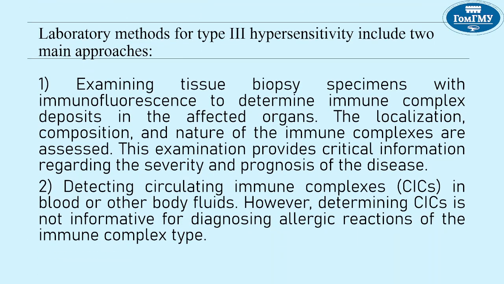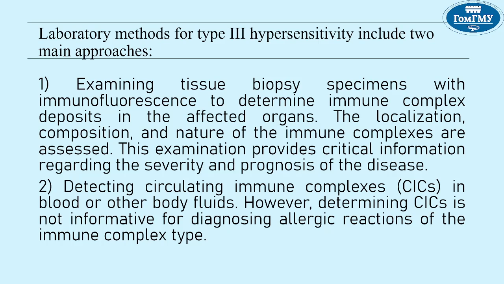Laboratory methods for type 3 hypersensitivity include two main approaches: examining tissue biopsy specimens with immunofluorescence to determine immune complex deposits in the affected organs. The localization, composition, and nature of the immune complexes are assessed.